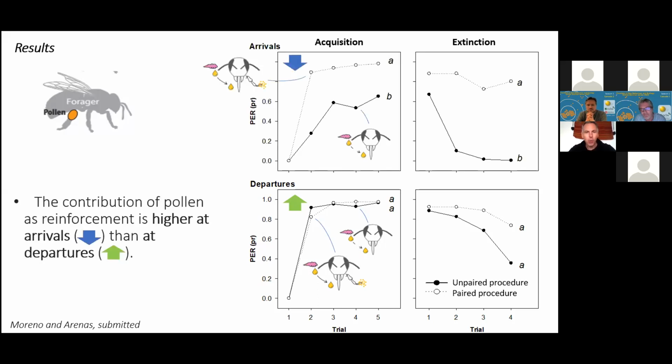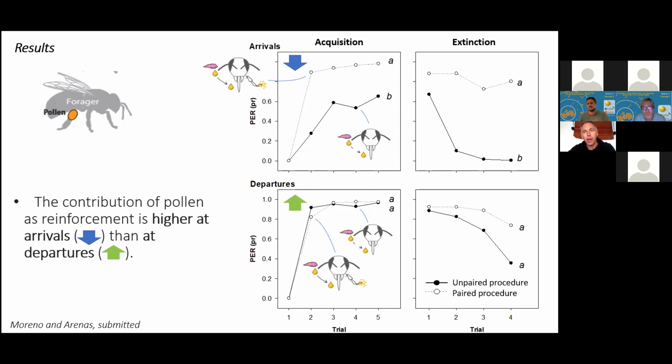And here, while the pollen foragers arrive at the feeder, we saw that they were somehow more interested in responding or in learning information when pollen is involved in this conditioning, in this association, than at departure, meaning that at the beginning of the foraging bout, the forager is also more sensitive to pollen.